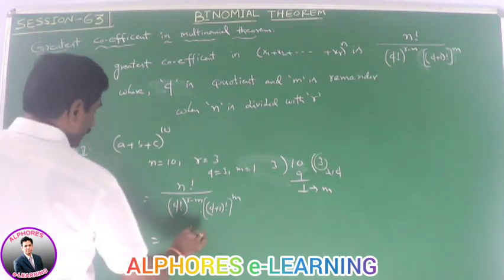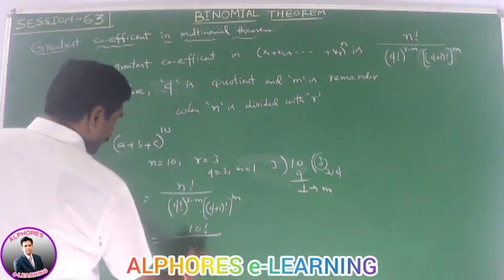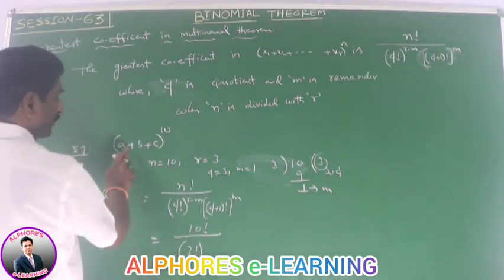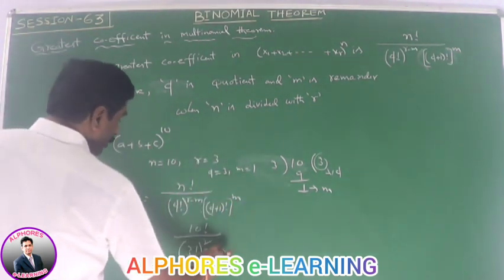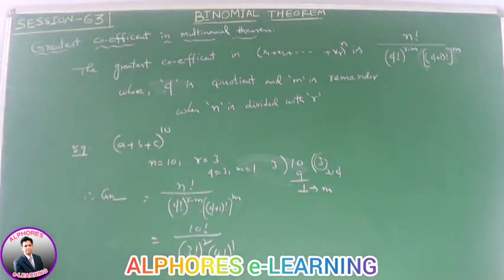That is equal to 10 factorial by, q is equal to 3, (3 factorial) whole power (r minus m), that is 3 minus 1, whole square, into (q plus 1) factorial, that is 4 factorial whole power 1. That is equal to 10 factorial by (3 factorial) whole square into 4 factorial. It is the greatest coefficient in this expansion. Okay, please note this value.